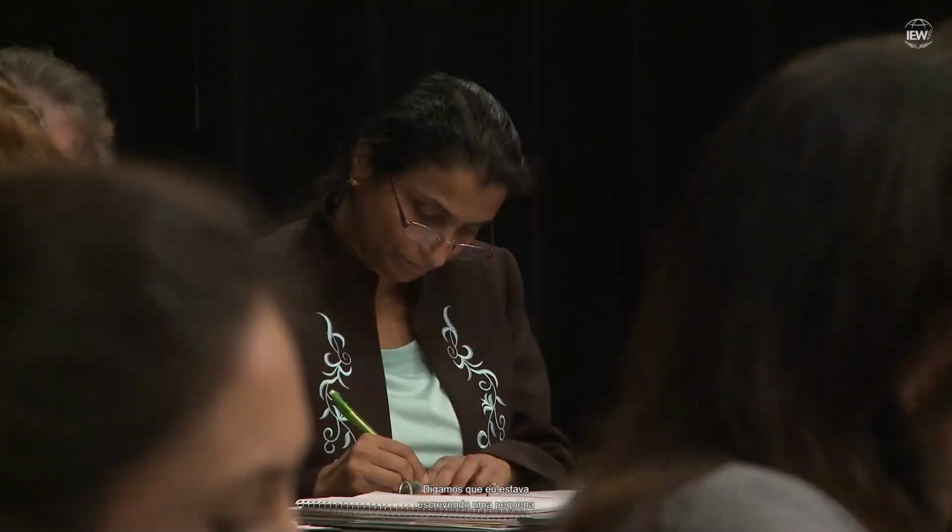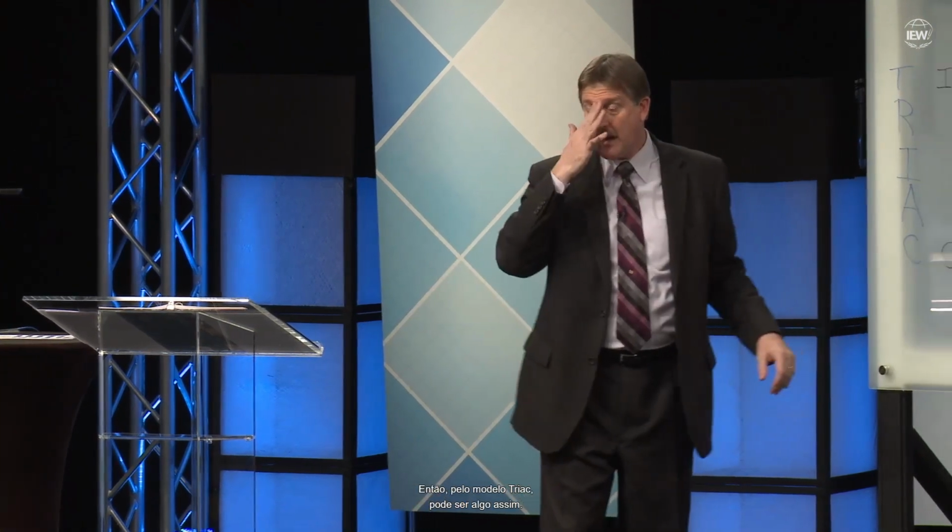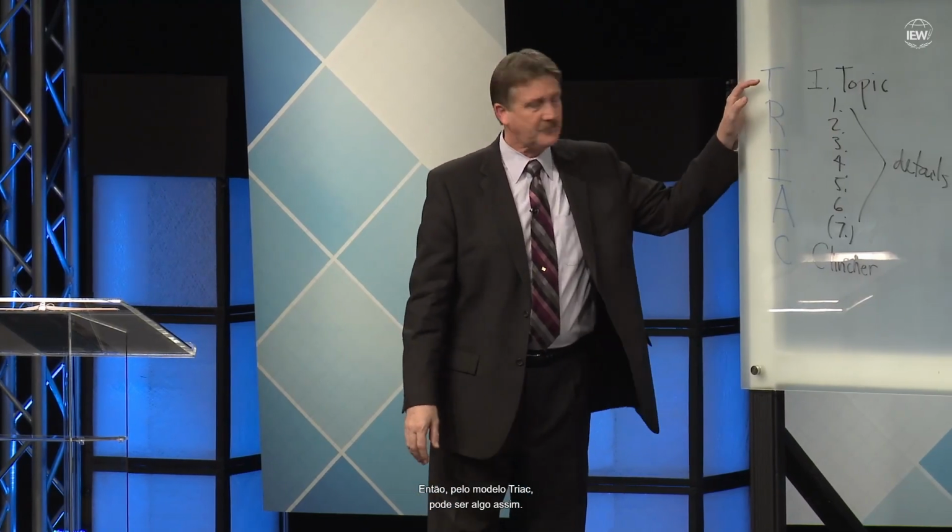So let's say I was writing a little composition about the Heinz family. And Betsy is the mom, right? And are you a homeschooling mom? Okay, so I would write one paragraph, that's all I have space for, about Betsy, right? So by the Triac model, it might go something like this.